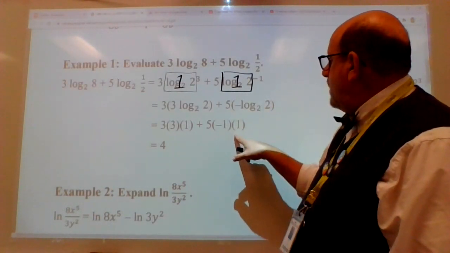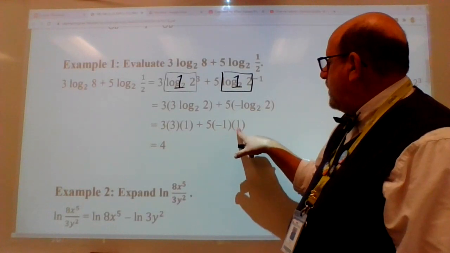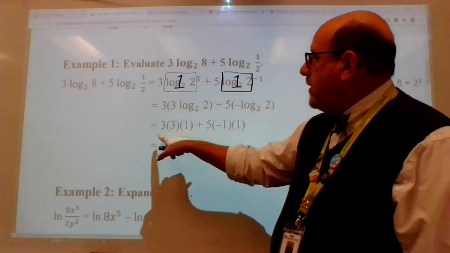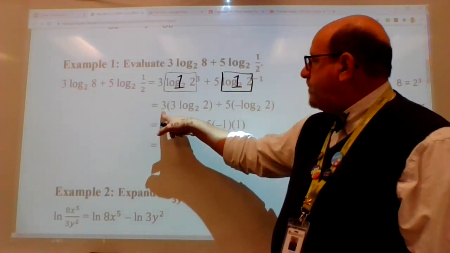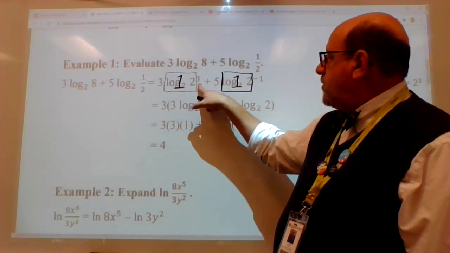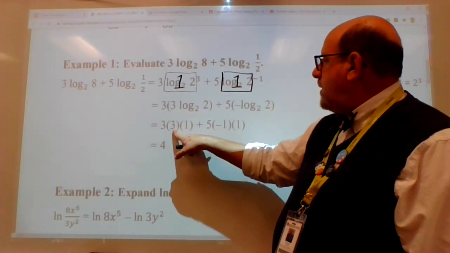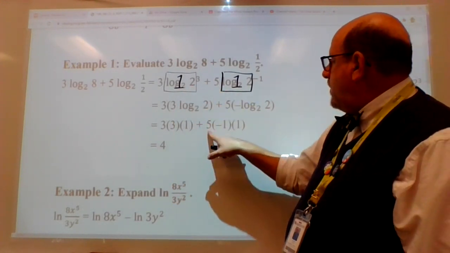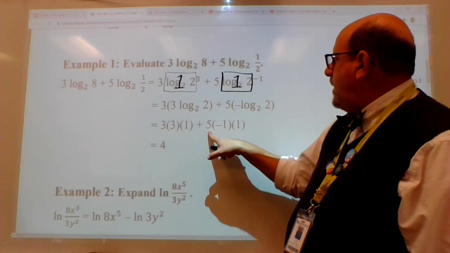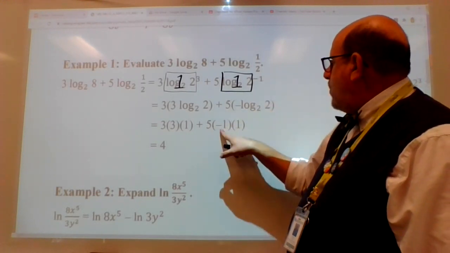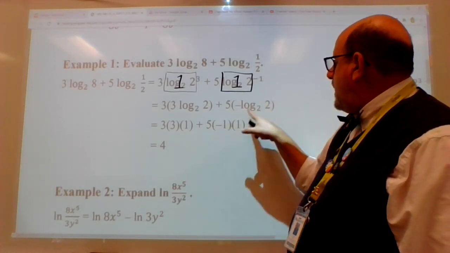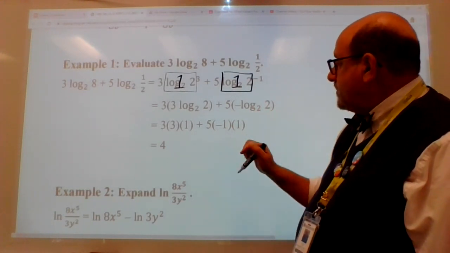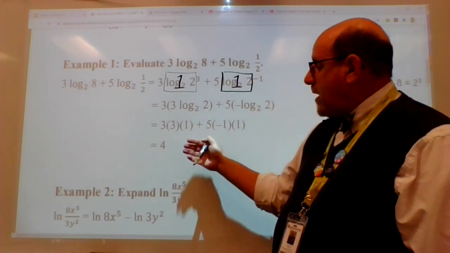What did they do? They showed it down here. There's the 1, there's the 1, right? So what's left over? The 3 up front, the 3 which is a power, and this 1, okay? What's left over? The 5, right? The negative 1, and this cancels out. Anyway, do all this math, you come up with 4.